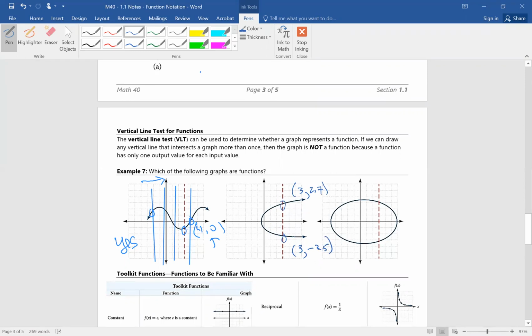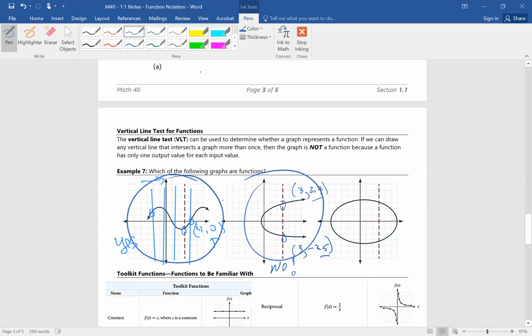I'm not caring what the value is, but the problem is that there are 2 values. If your vertical line crosses twice, or 3 times, 4 times, as long as it's more than 1 time, this is not a function. Make sure you know the difference. If it crosses once, like over here, function. Twice or more, not a function, okay?